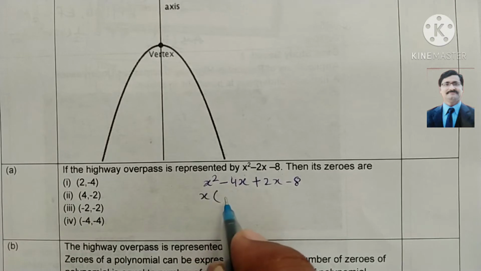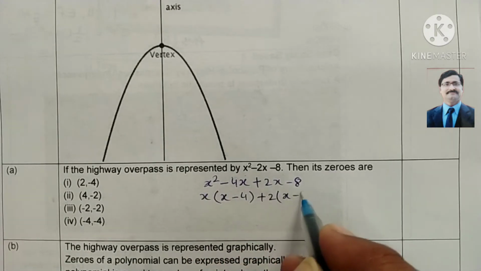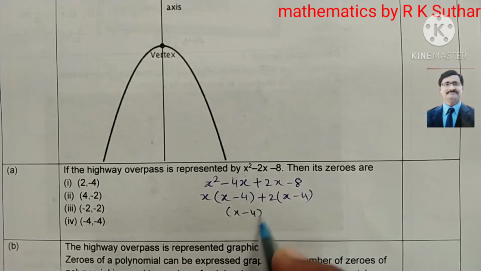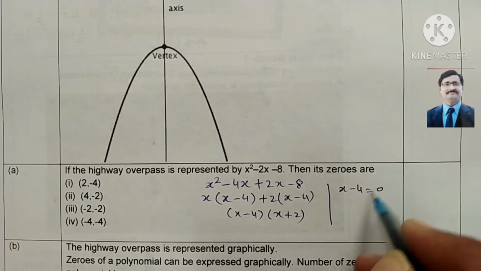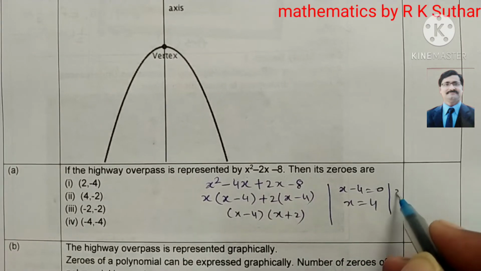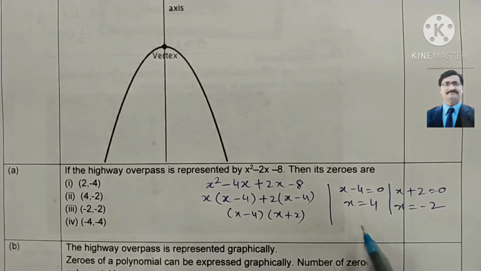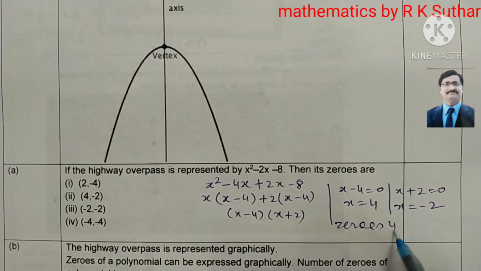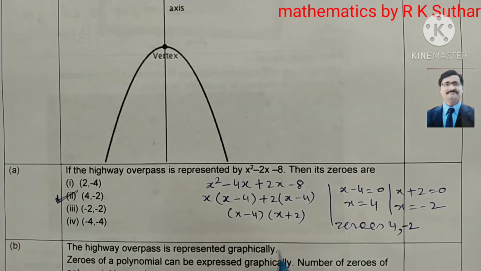We take x common: x(x − 4) + 2(x − 4), so (x − 4)(x + 2). The zeros: x − 4 = 0 means x = 4, and x + 2 = 0 means x = −2. So the zeros are 4 and −2, which is the second option. The answer is second.